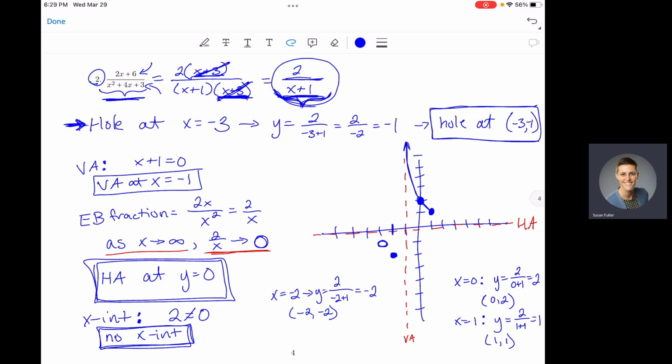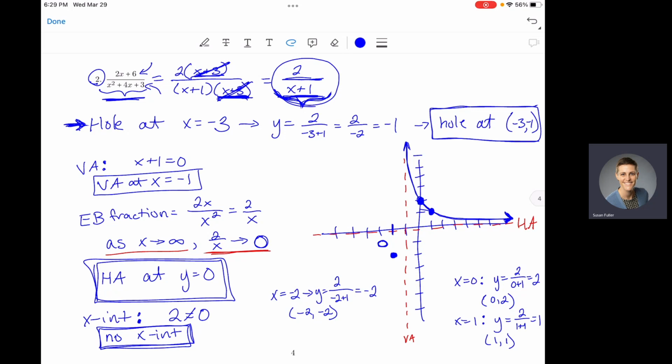So we'll start at 0, 2, head down to 1, 1, and then keep going down to your asymptote here as well at the ends. So in the middle, you're going to go up or down to your vertical asymptotes. And again, connecting these dots will help you figure out if you're going to go up or down. And your horizontal asymptote, you're also going to kind of hug that line and head toward it.